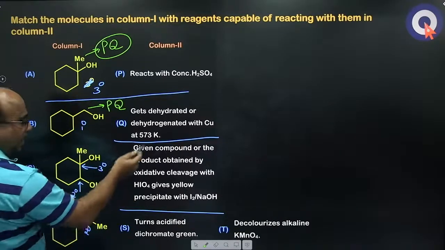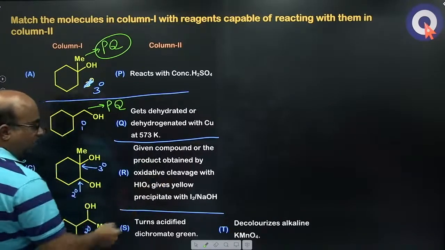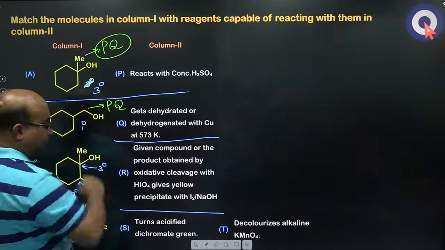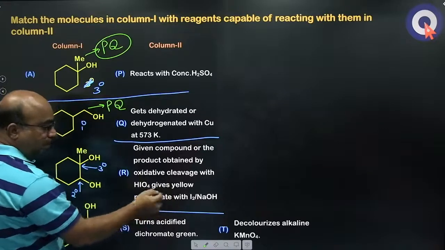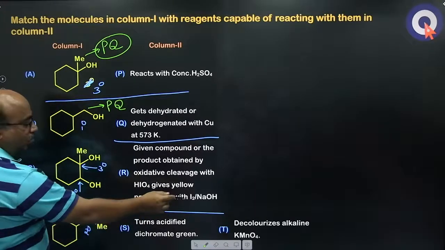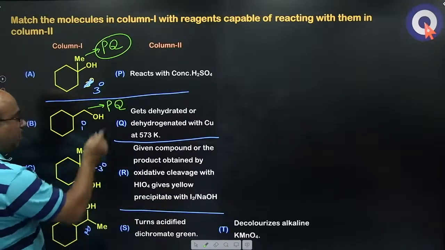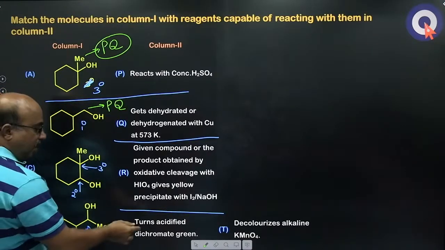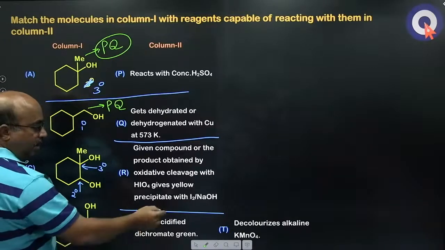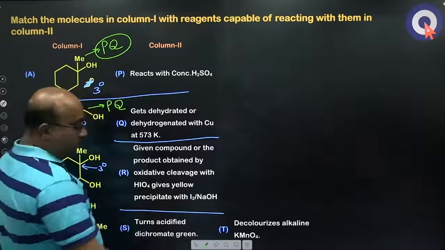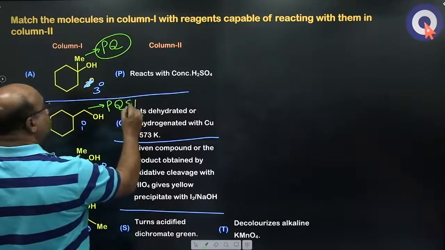No. Can I directly react it to get a yellow precipitate? Will it form with sodium hydroxide? No. I2 in NaOH? No. So R will not be there. But a primary alcohol can be oxidized by dichromate as well as by alkaline KMnO4. So S and T will work in this.